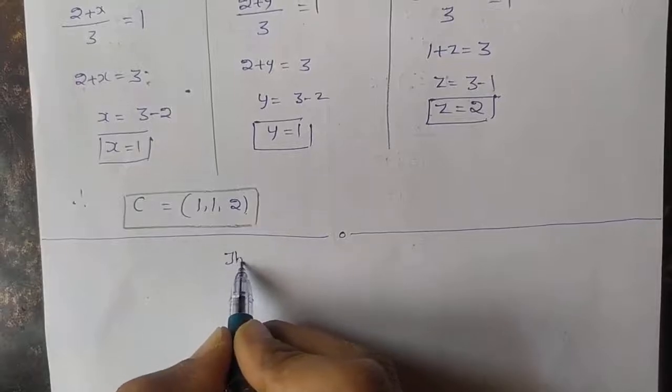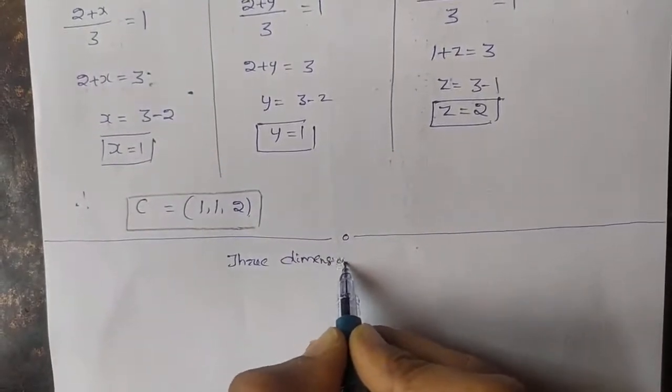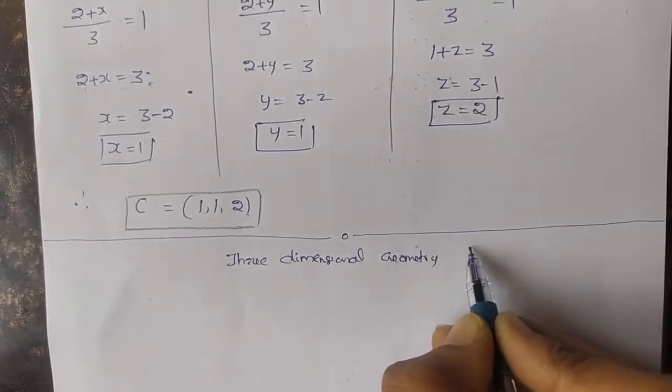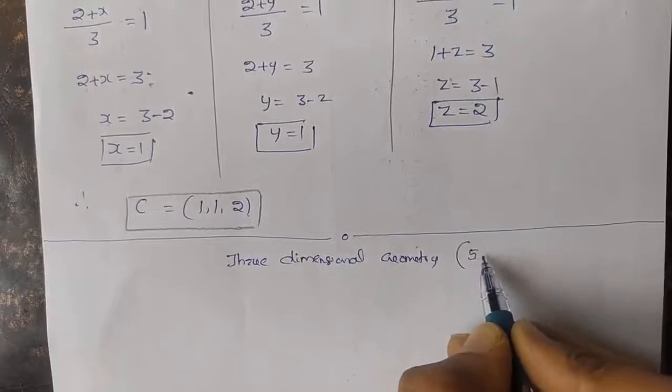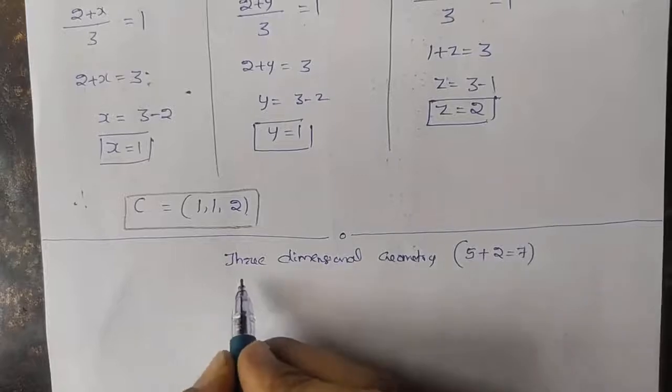In this three-dimensional geometry, there is a possibility of asking a 5 marks question and a 2 marks question. Totally 7 marks weightage it is.